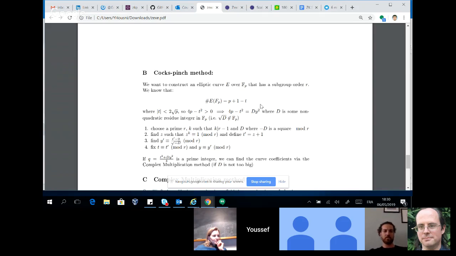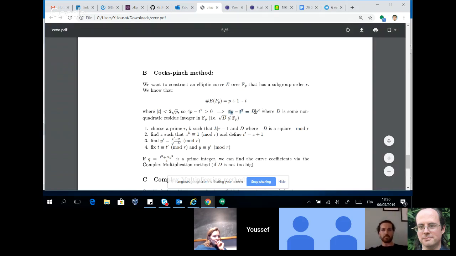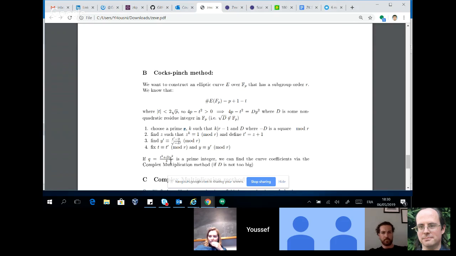So if we raise to the power 2, we have 4p minus t squared is positive. So we will end up with this equation where D is a non-residue, because this one is positive. So in Cocks-Pinch, you fix the prime r, and you end up with an elliptic curve.